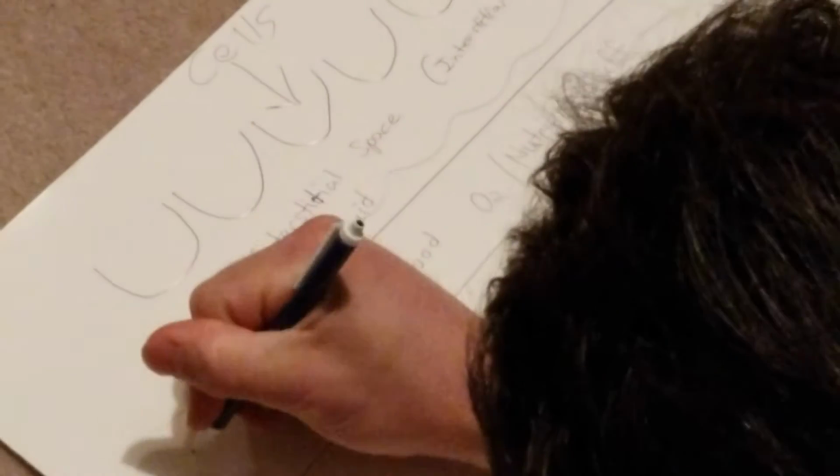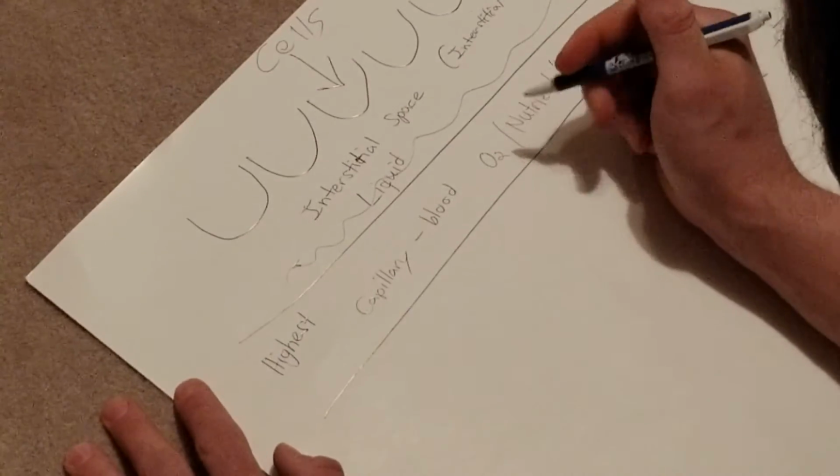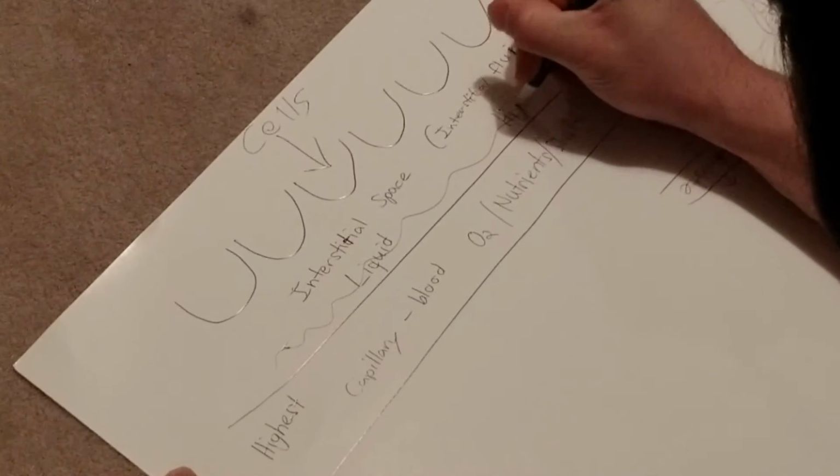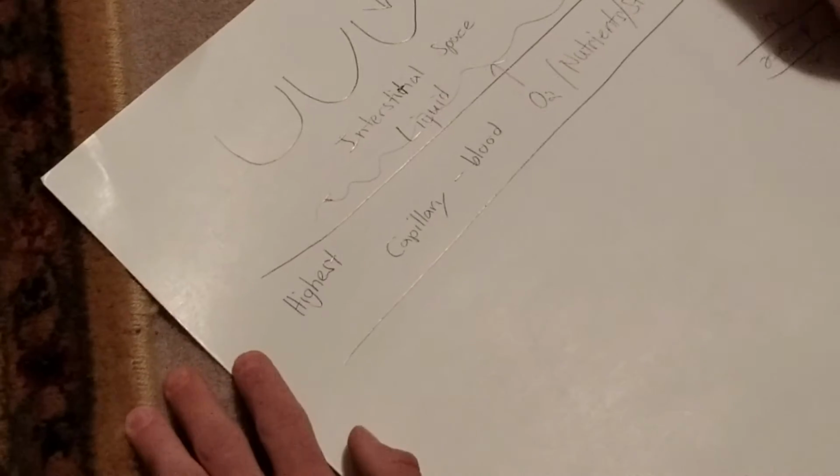And so inside of the capillaries, the pressure is the highest. Outside of the capillaries in the interstitial space, the pressure is still high, but it's not the highest. So we'll say higher. So stuff is going to move into the interstitial space where the pressure is higher.